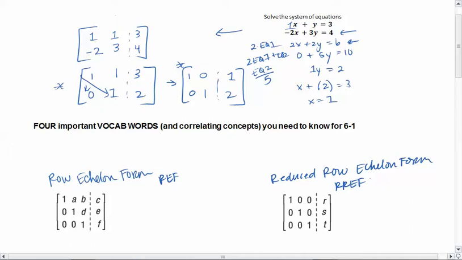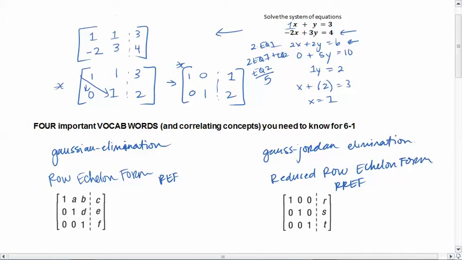The way we get row-echelon form is by doing something called Gaussian elimination. I swear I know how to spell elimination. And the way we get reduced row-echelon form is by doing Gauss-Jordan elimination.